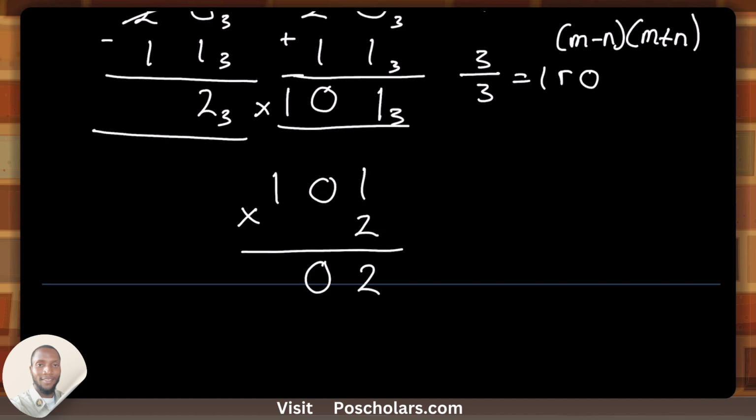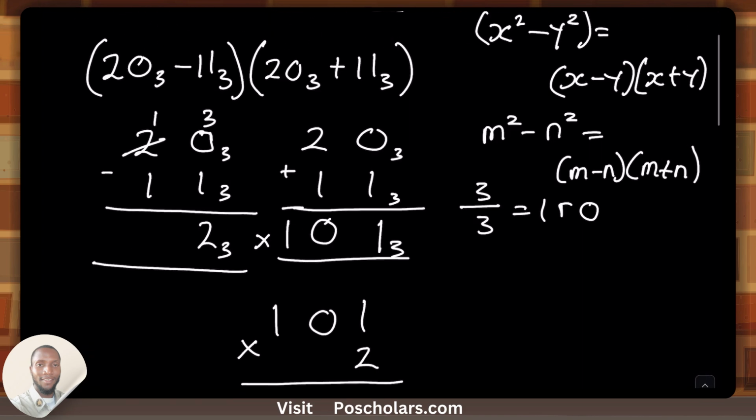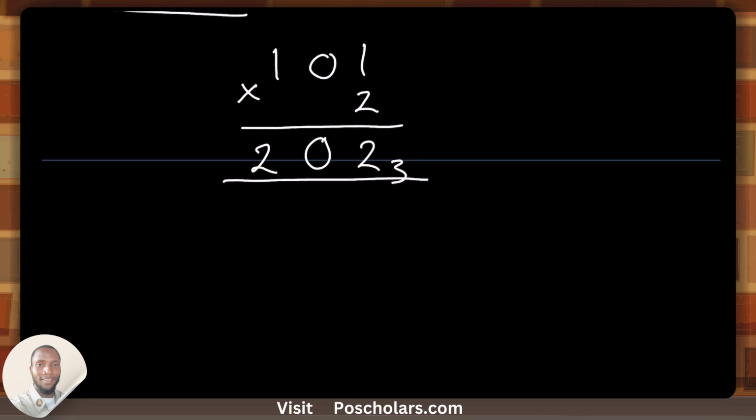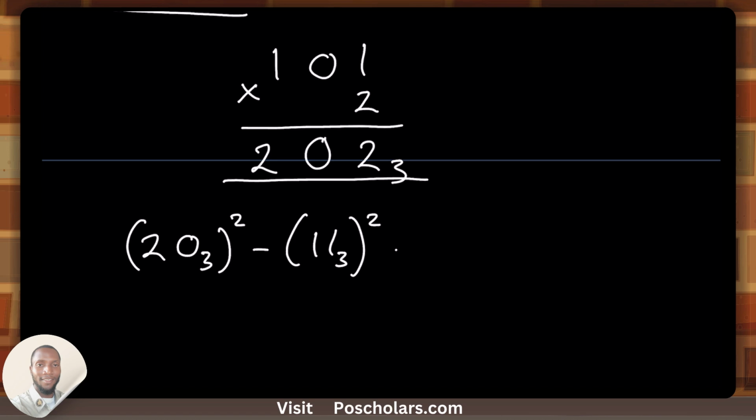And 2 times 1 gives 2. So this is our final answer, base 3. Definitely, we can say from the question that (20 base 3) all squared minus (11 base 3) all squared is equal to 202 base 3.